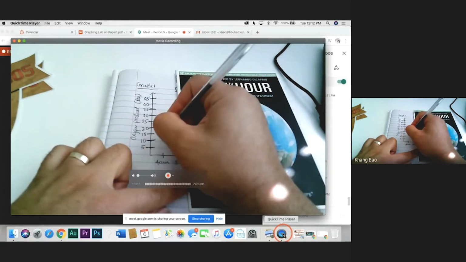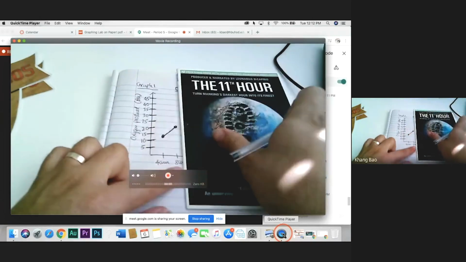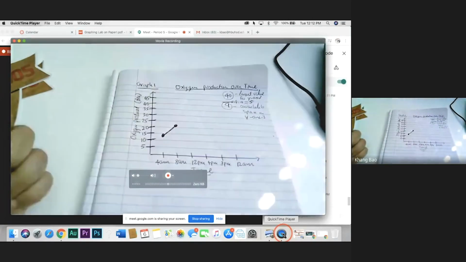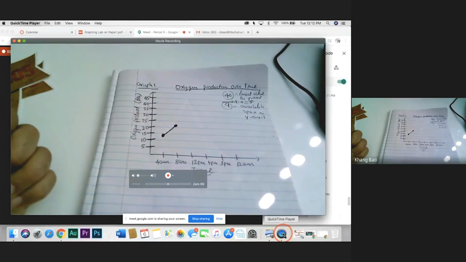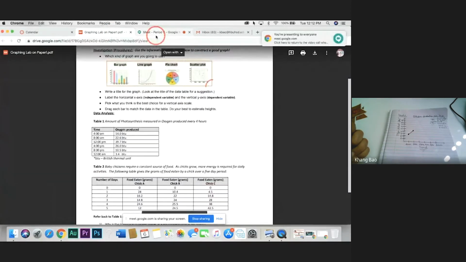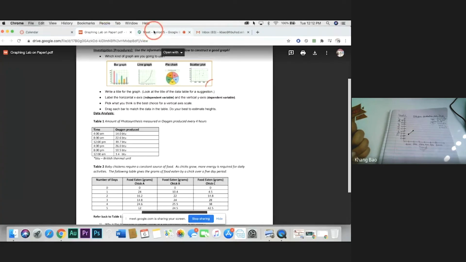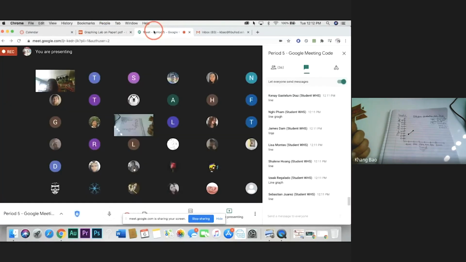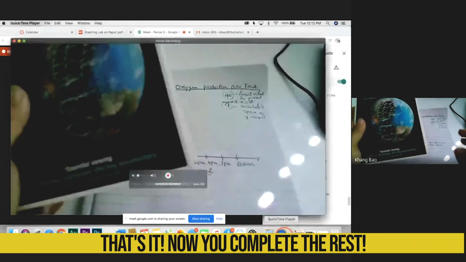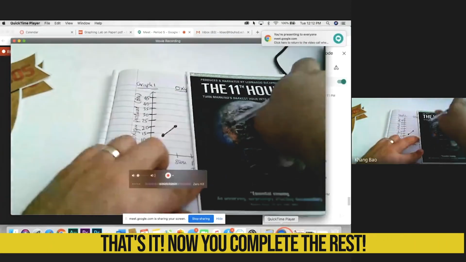And since it's a line graph, I'm going to connect the line. And then moving on to the next one, 12 p.m. is 39.7. That's the max value, right? 12 p.m., 39.